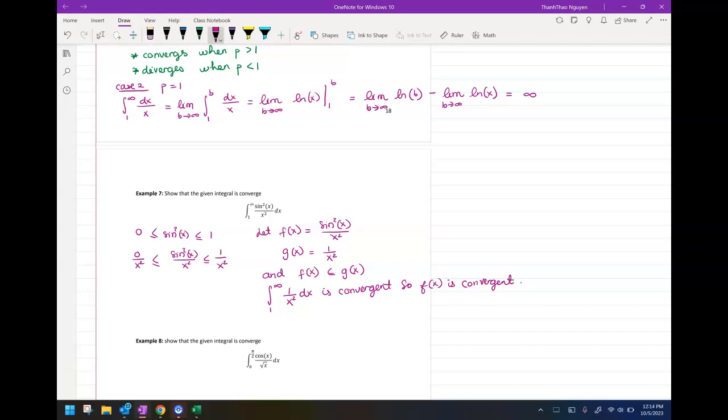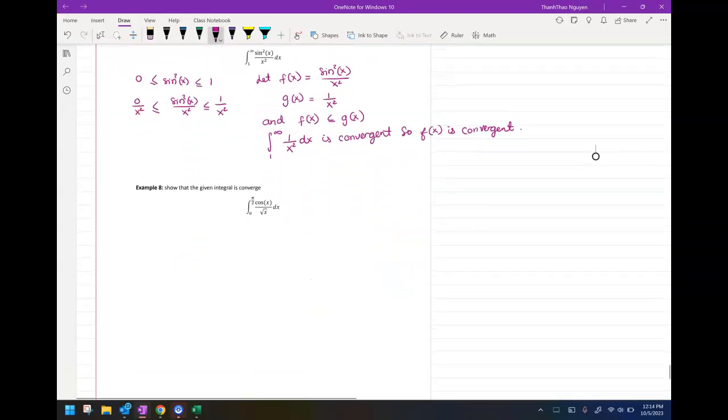Now take a look at the next one. Well, we have cosine of x over the interval from 0 to pi over 2, and here we have a discontinuity at 0. I know that cosine of x is between -1 and 1.